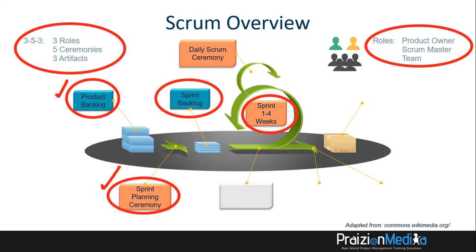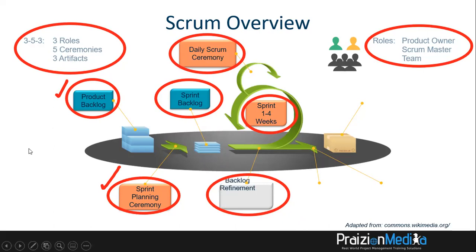We have one ceremony that is not accounted for as a formal ceremony, and it's this one down here that we're about to see. This is known as backlog refinement. Backlog refinement does happen. It's alluded to in the Scrum Guide.